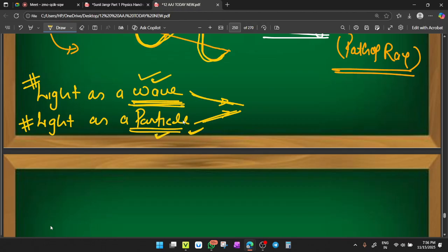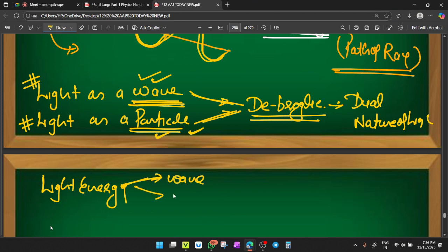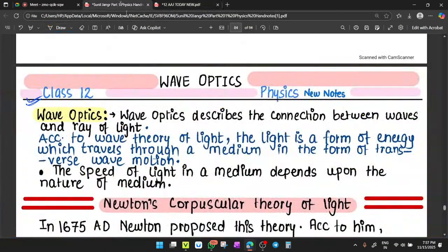This concept was given by the great physicist de Broglie, who gave the dual nature of light. He said that light energy, or radiation, behaves as both wave as well as particle. This is called the dual theory. After the completion of this chapter, we will discuss it also.